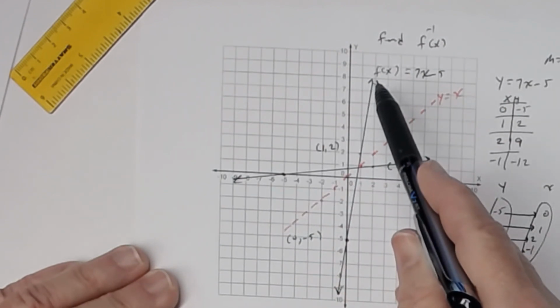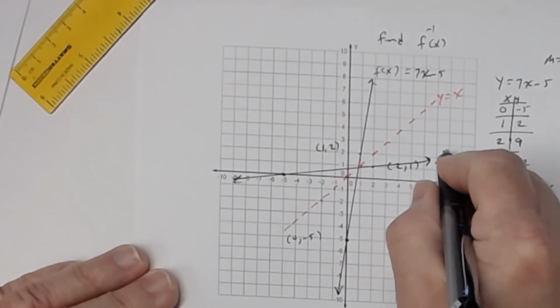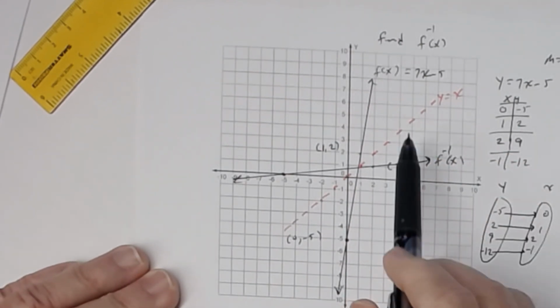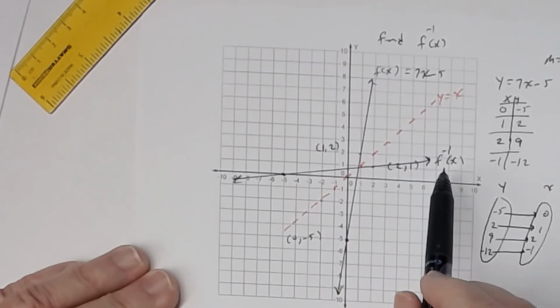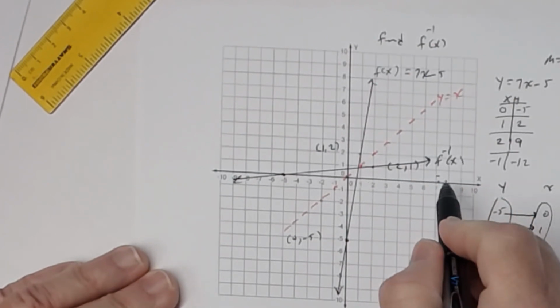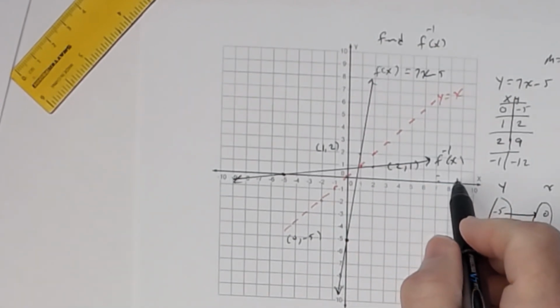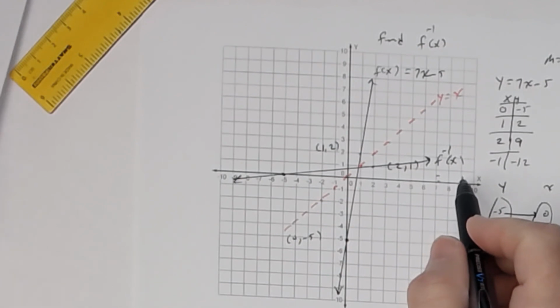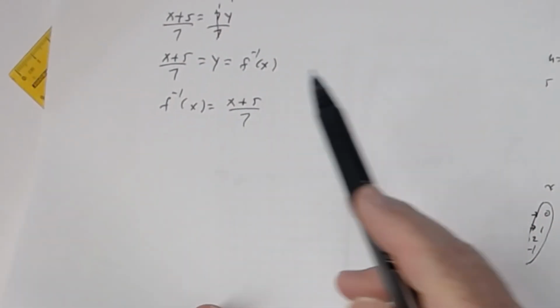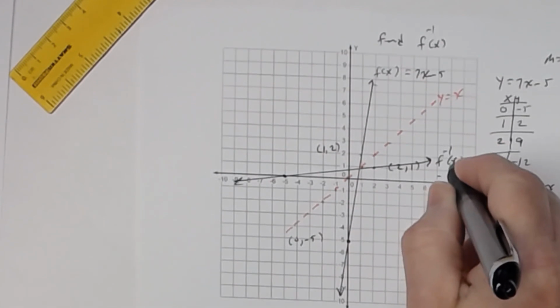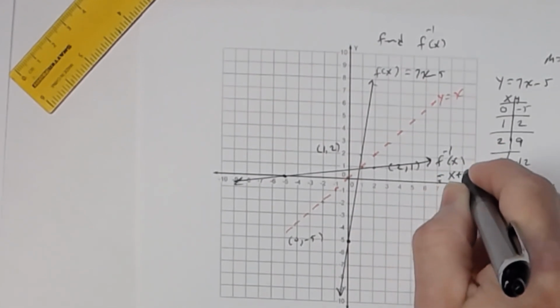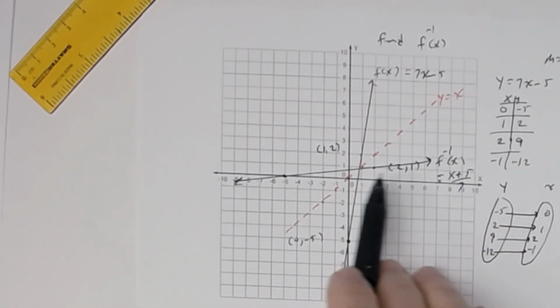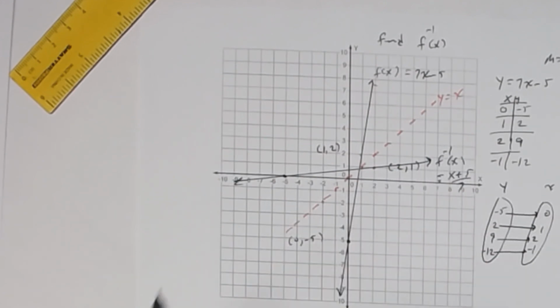So this function f of x and the function f inverse are symmetrical about that line. Now the equation of that line is actually this right here: x plus 5 divided by 7. So f inverse of x equals x plus 5 divided by 7. That is the equation of this line.